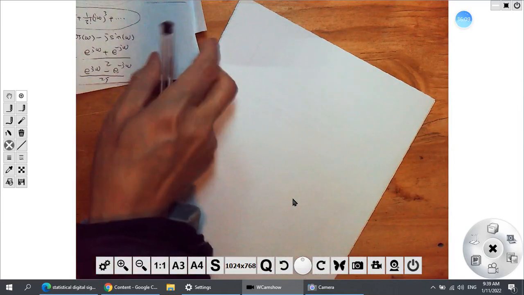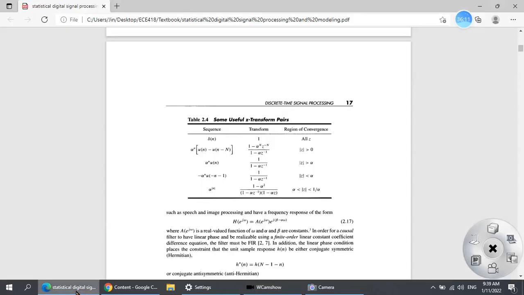Now we can look at more. For example, we can check this table. Take any term, like the third one: a to the n u of n by z transform. I copy this one. You get 1 over 1 minus a z to the negative 1, and the ROC is |z| larger than |a|.